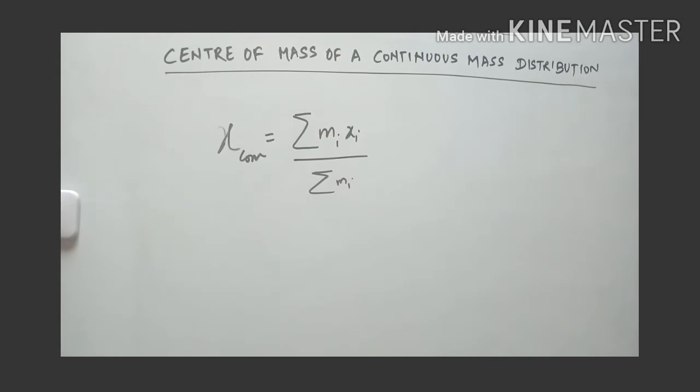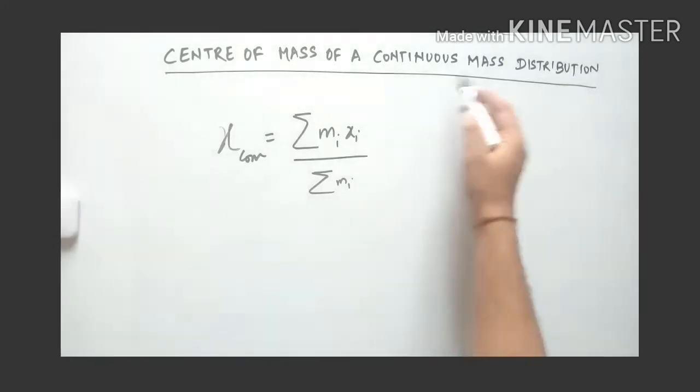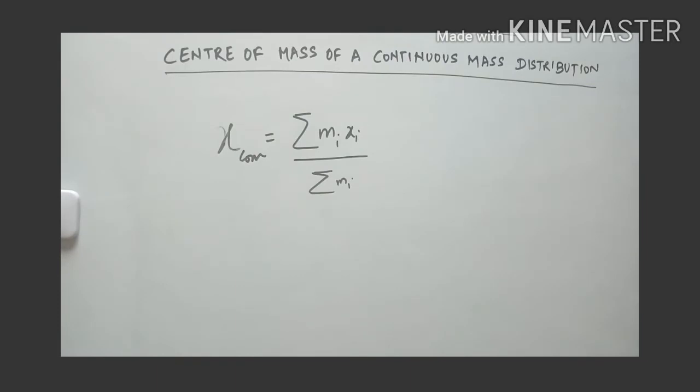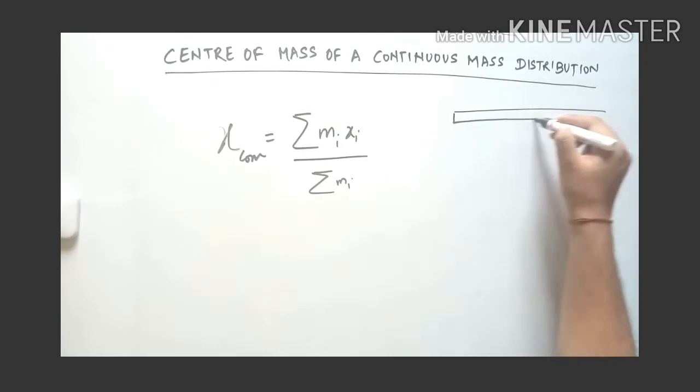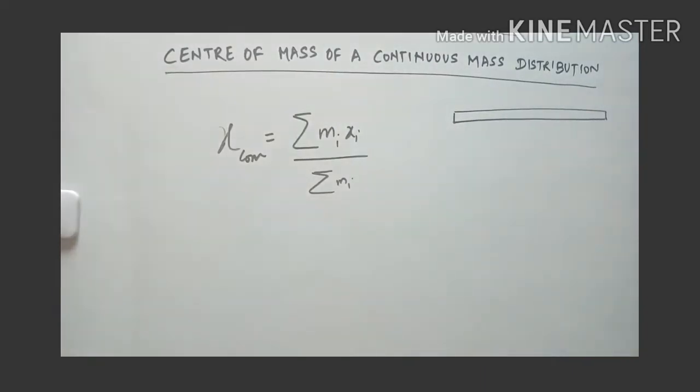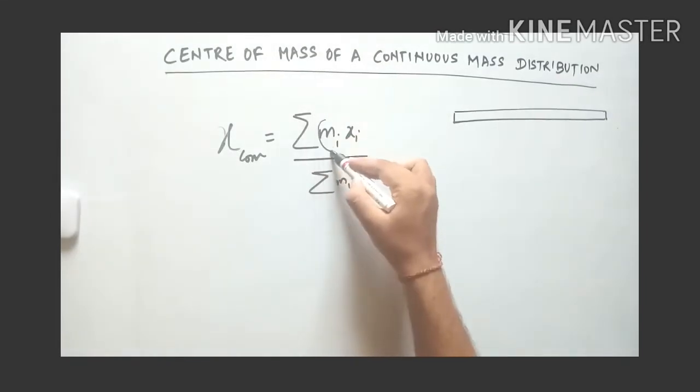Now if you want to modify this formula for continuous mass distribution, then how can we do it? I'll give you an example. Suppose I want to find out the center of mass of a uniform rod. What is mi for it?